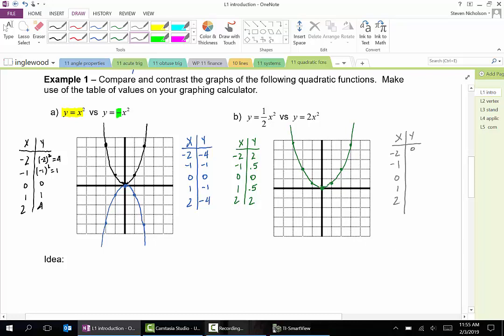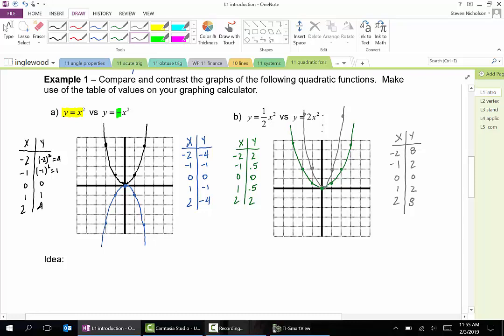Now there's going to be a little problem here because a couple of my points go off the graph, but if we are careful, so 0, 0, 1, 2, and then if I go 1, 2, 3 up here, 2, 8, negative 1, 2, and negative 2, 8. And again, I just try to draw my best curvy line, and there I have it.